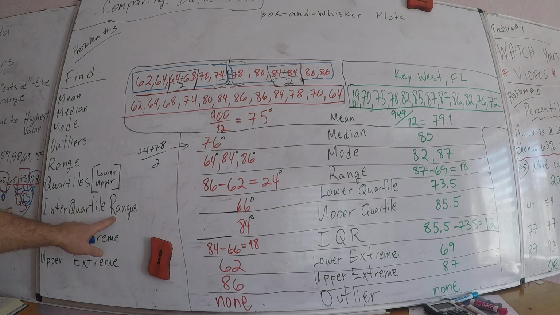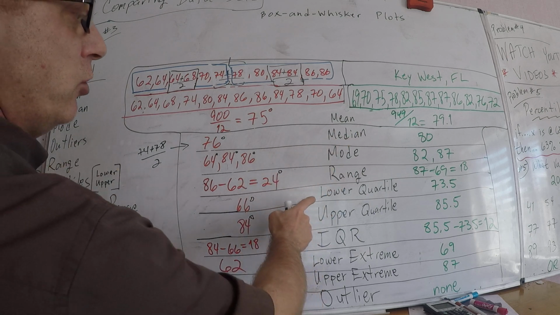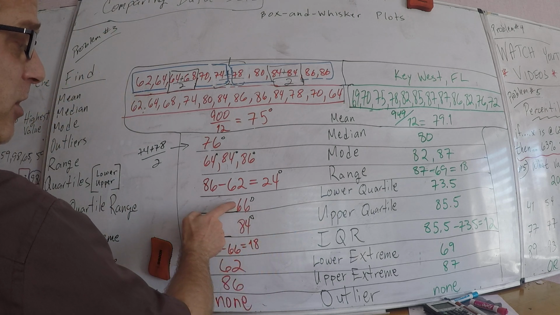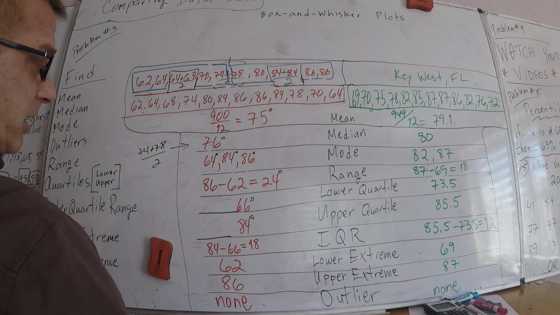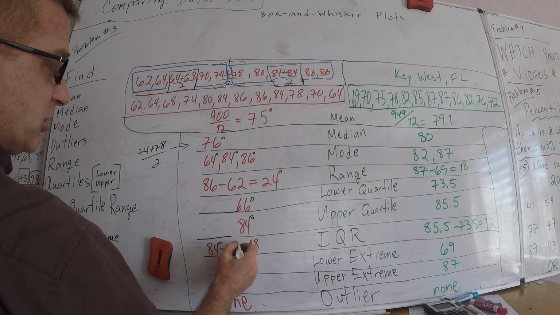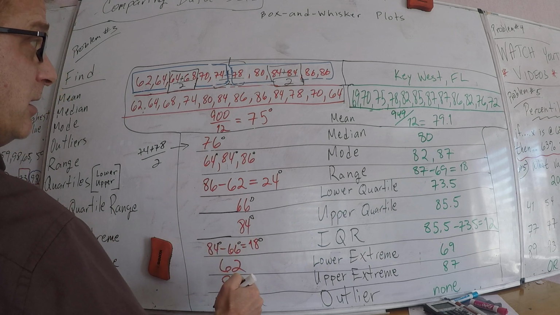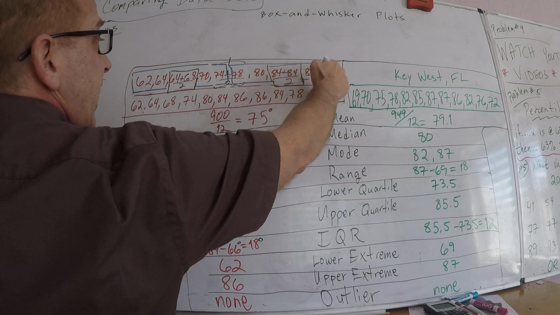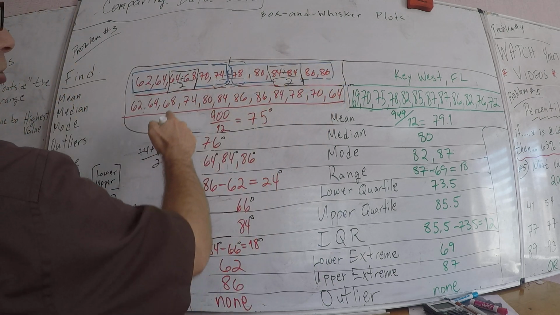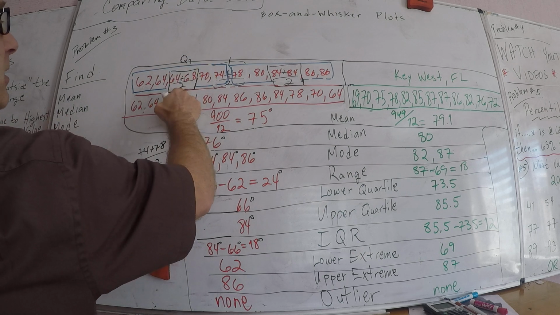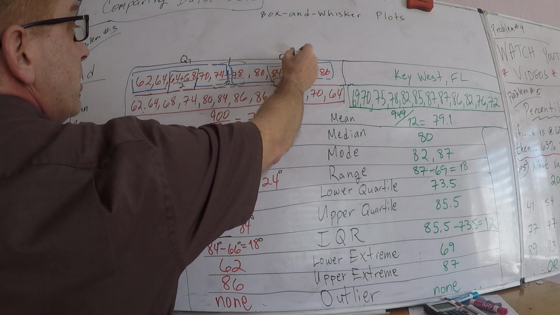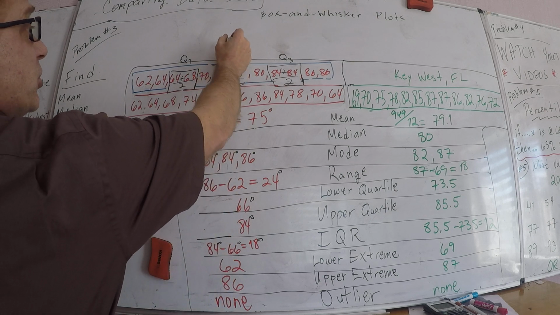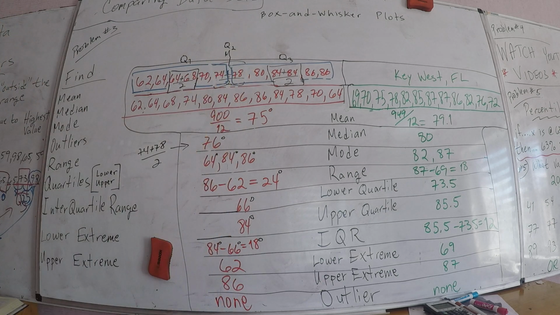That's the range of your upper and lower quartiles. 84 minus 66 equals 18. So our range is from 62 to 86, but our interquartile range, this is quartile 1, this is quartile 3, and this is the median, which is also quartile 2.